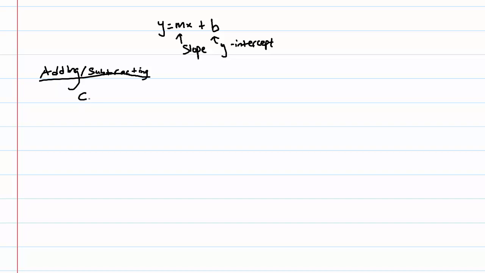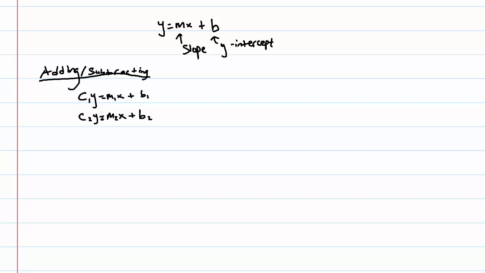If we have our two equations, C1y equals m1x plus b1, and our second equation, C2y equals m2x plus b2, we can add or subtract these if we see that our numbers are easily addable or subtractable.